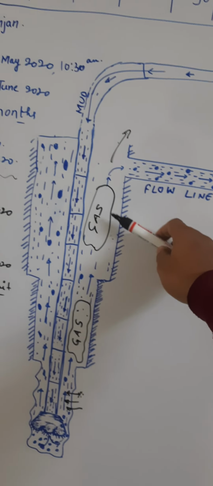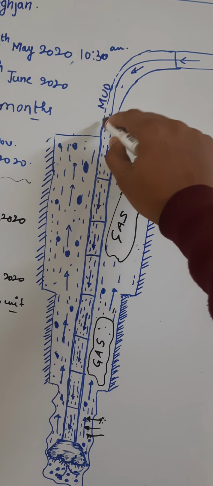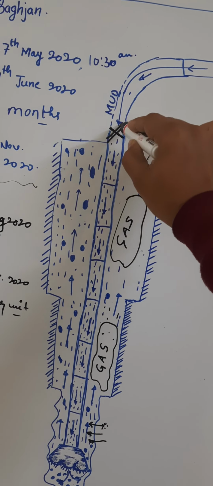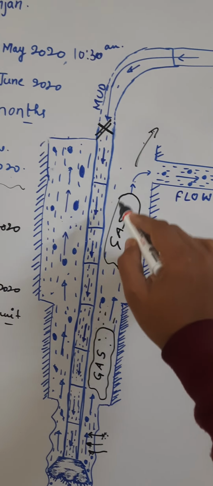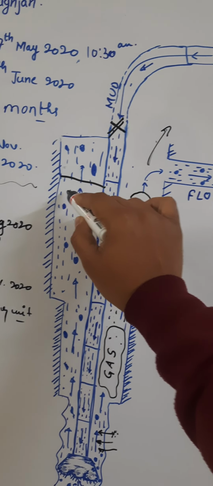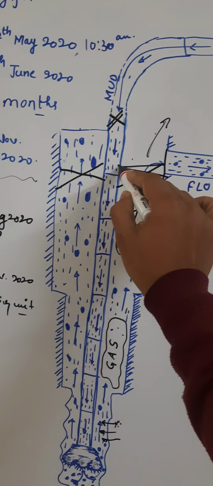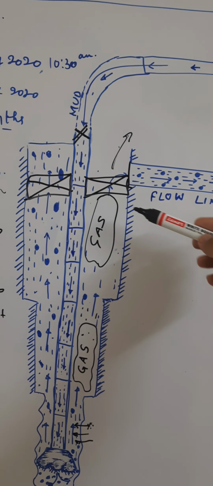Now, in such situations, when this comes out, what we do is we close both the incoming path and the outgoing path completely, so that this does not get out. We closed both ways.